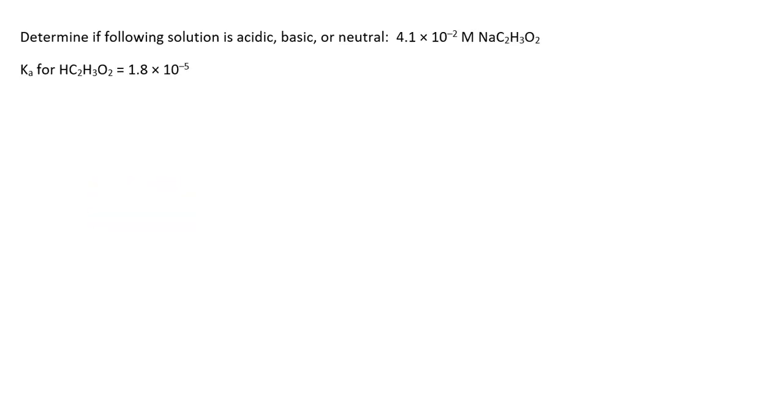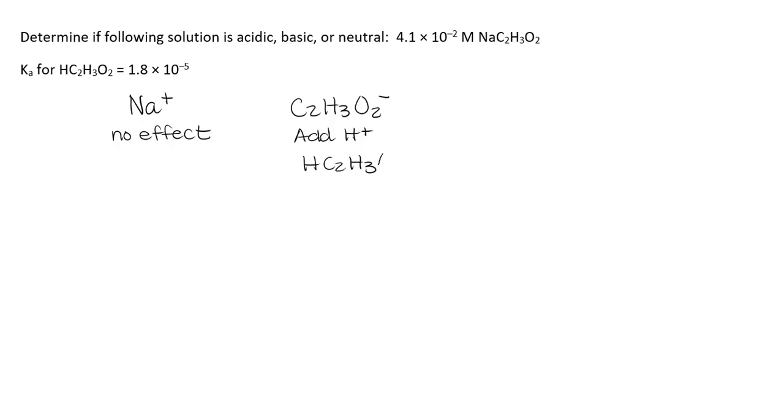In this example, we have sodium acetate. So we're going to write down our cation and our anion. The cation has no effect. We've already discussed what happens with sodium. For the anion, if we add an H+, we get the formula HC2H3O2, and that is the chemical formula for acetic acid.